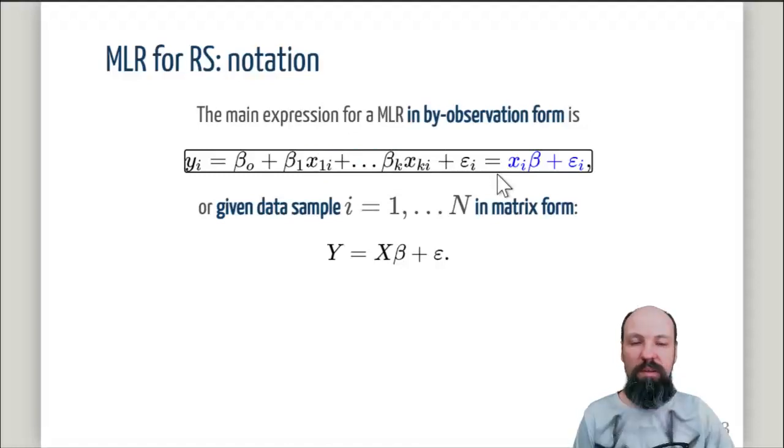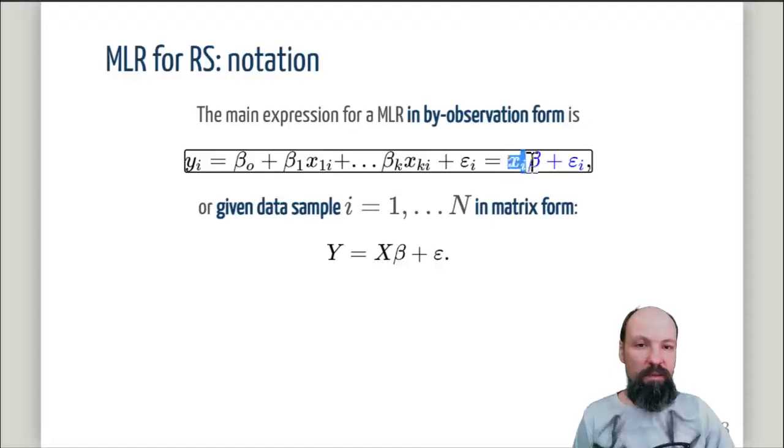This is the convenient way to write it down. Then the dimensionality of this thing is 1 by k plus 1, because there's also unity there. And then beta is a column vector, k plus 1 by 1.